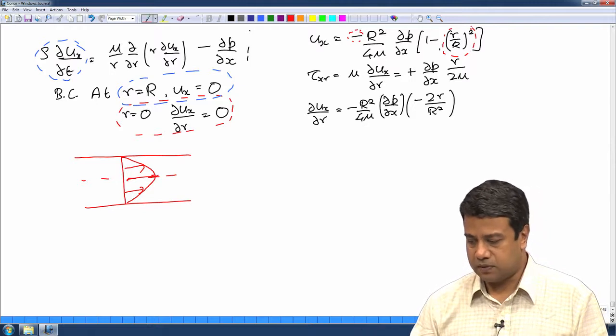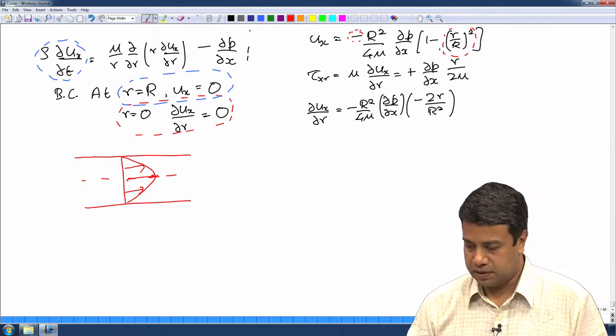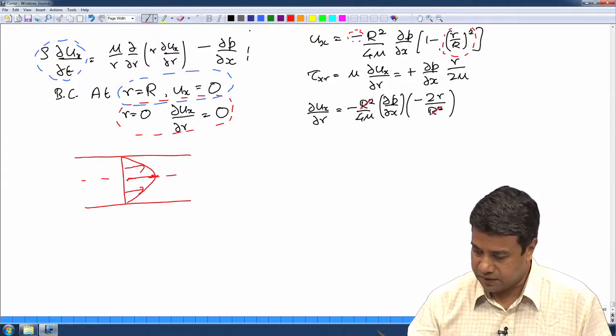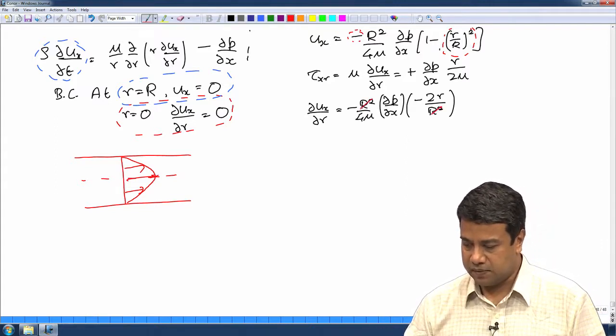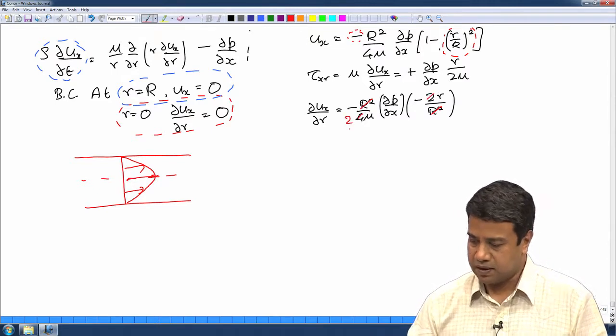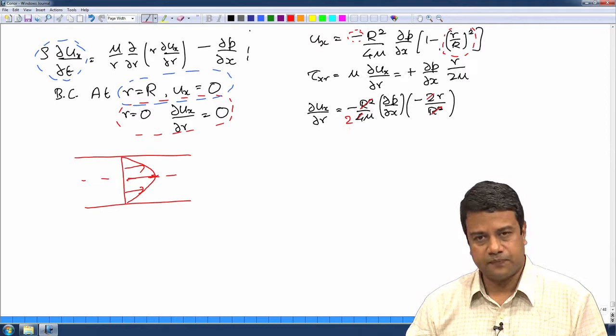So, that is the shear stress, and these two will cancel out to give me plus dp by dx, and this 4 and 2 will cancel out to give me a 2 here. So, that is the expression for the shear stress.